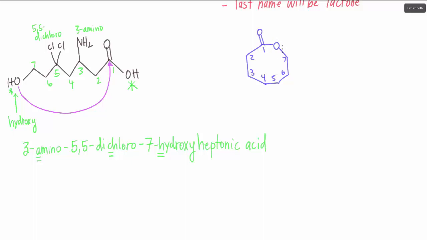Either way is acceptable. So you can draw out your cyclic structure and not have to erase. You can just write over the vertex of where you want the oxygen to be, and that will do. Okay, so remember, this is an oxygen and not a carbon.